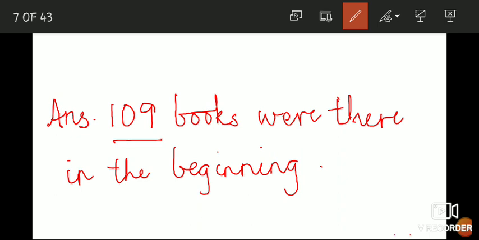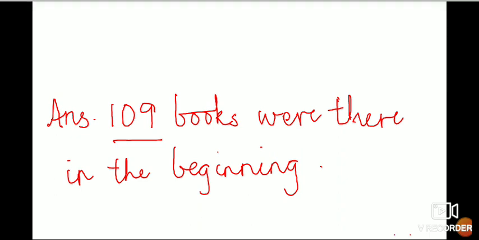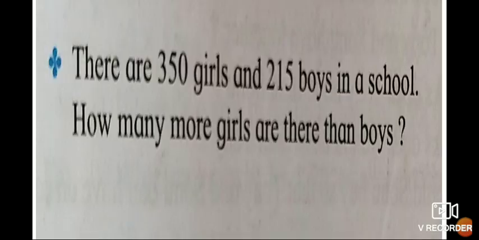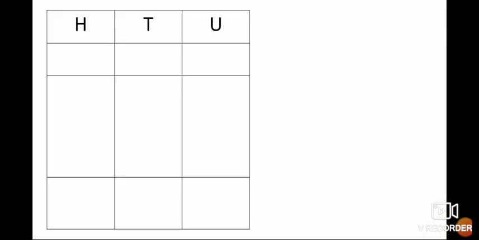Now, let us move on to the next sum. There are 350 girls and 215 boys in a school. How many more girls are there than boys? Simple. We have to just take away the smaller number from the bigger number. So let us write what's the bigger number.